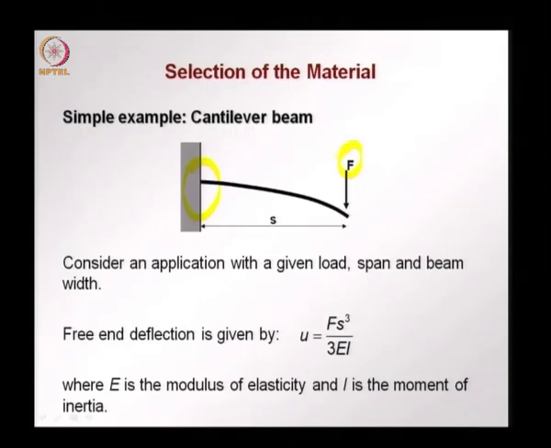So, let us take a cantilever with a span S and a load applied at the end equal to F, and when we use the beam equations, the elastic equations, we find that the deflection, the movement of the end u, is equal to the load multiplied by the cube of the span divided by 3 times the Young's modulus multiplied by the moment of inertia.